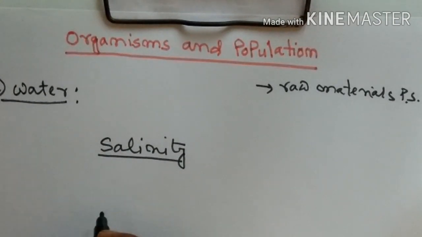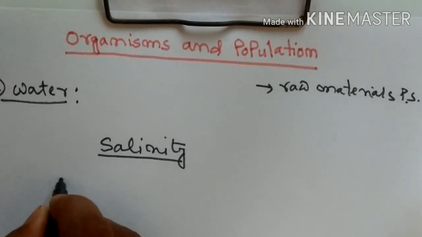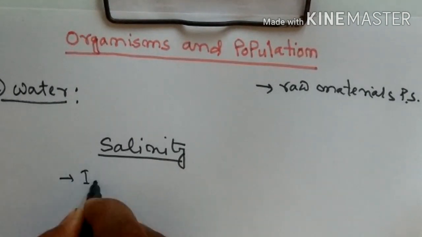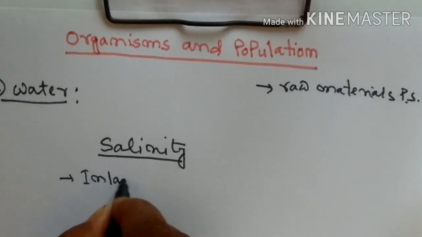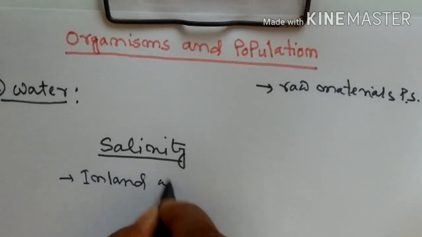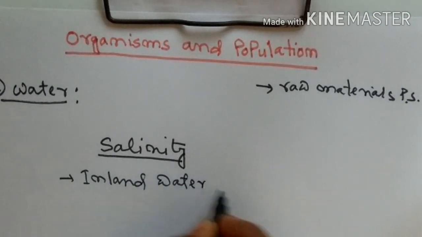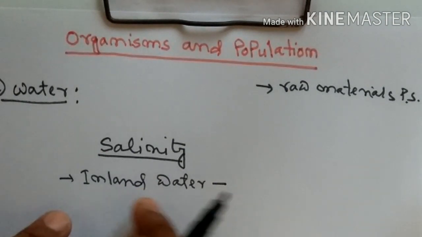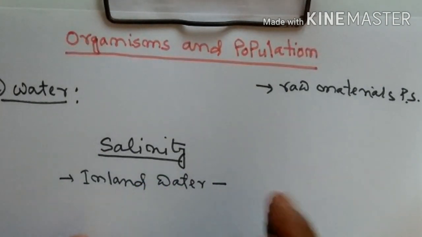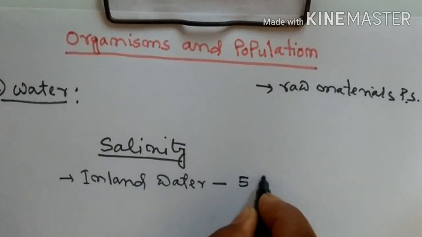Number one is inland water, which is also known as fresh water. Here, in this inland water, salinity is approximately 5%.